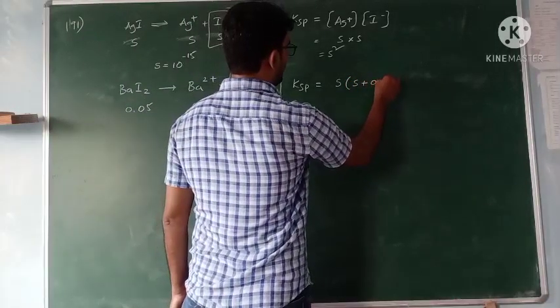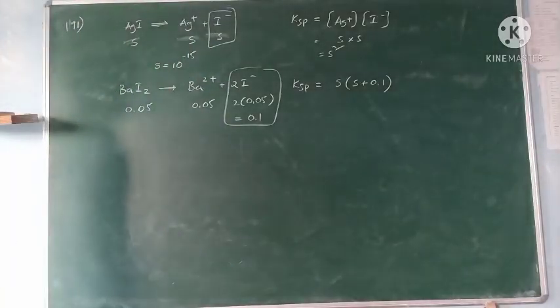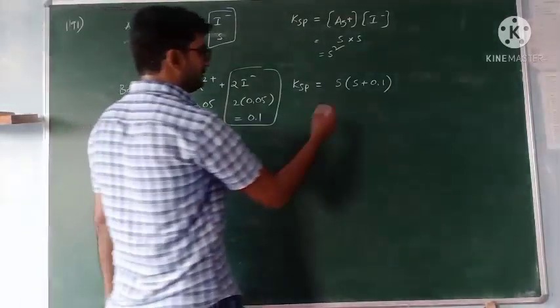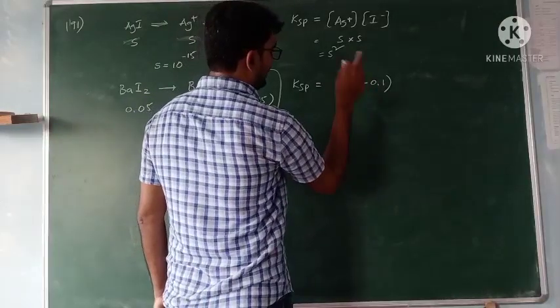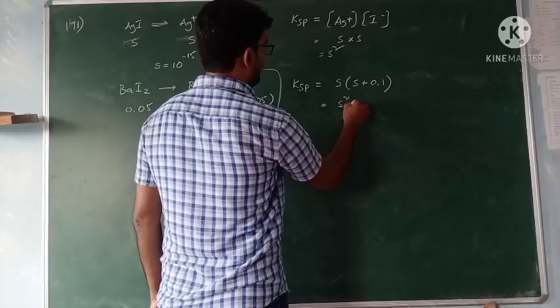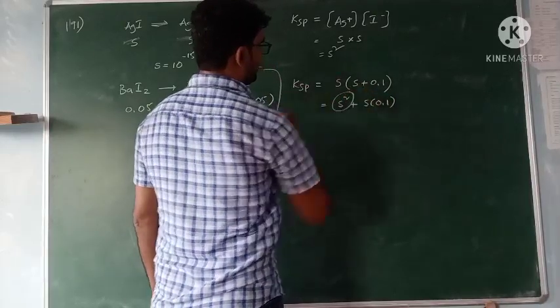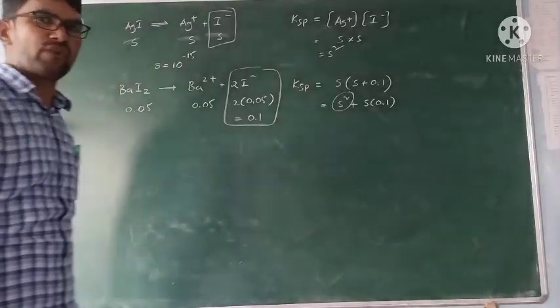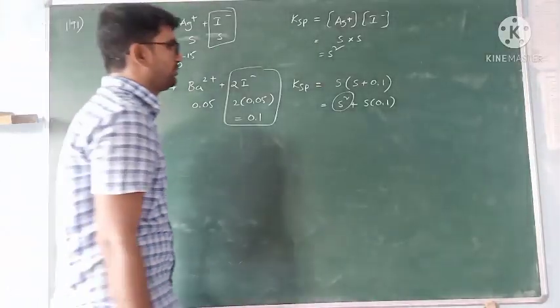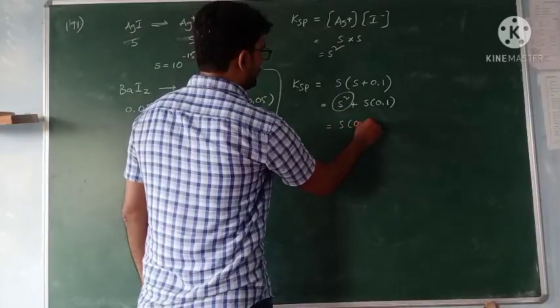Then it is very simple. I already explained this type of S plus 0.1. So S into (S plus 0.1) gives S square plus S into 0.1. S square is eliminated because it is a very small value. Squares, cubes are all small values in solubility product. Then KSP is equal to S into 0.1.